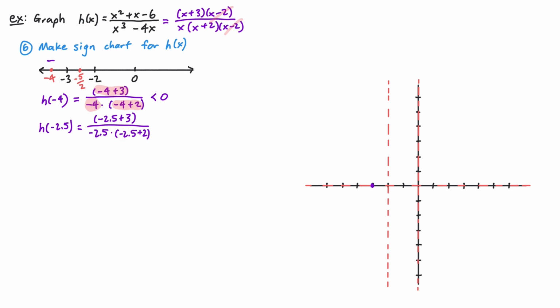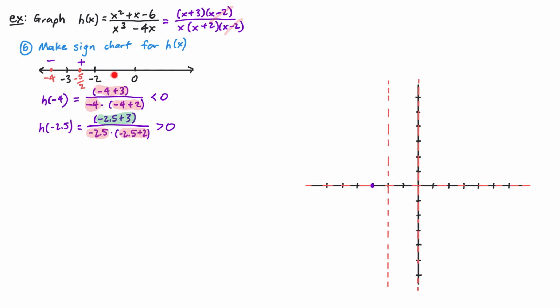The numerator, -2.5 plus 3, is positive, -2.5 is negative, and -2.5 plus 2 is also negative. So in the numerator, we have a positive number. In the denominator, the product of two negative numbers gives me a positive number. So we have a positive numerator and a positive denominator. So overall, our fraction is positive. So on my sign chart, I'm going to draw a plus sign above the interval from -3 to -2.